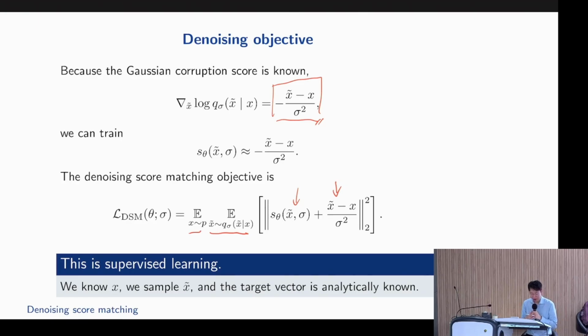So this is supervised learning. We know x, and we can sample x tilde. This is just Gaussian corruption, and the target vector is analytically known.